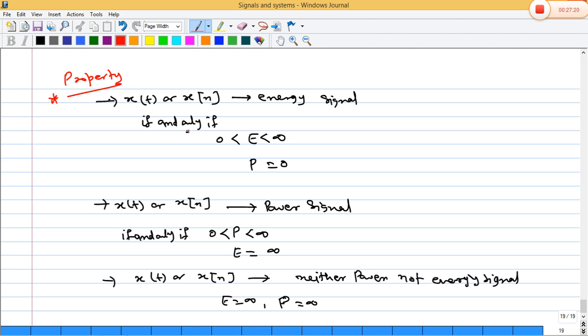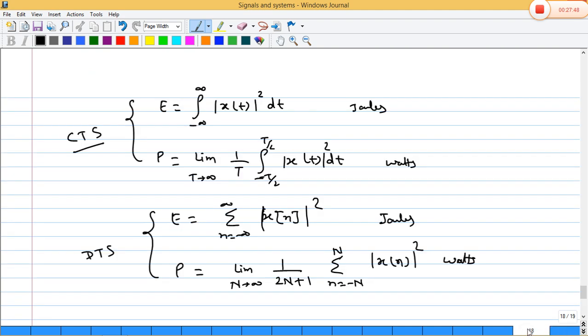Because suppose we have a signal and we have to find out whether the signal is an energy signal, a power signal, or neither power nor energy signal. Then what will we do? Just calculate the energy of the signal, and if the energy is finite, then it's an energy signal.